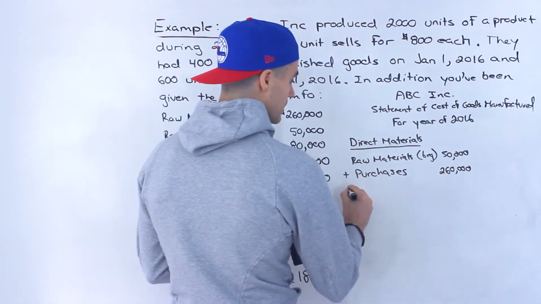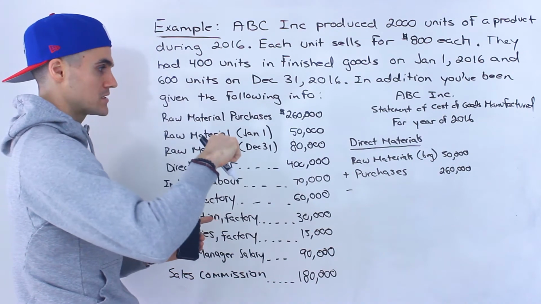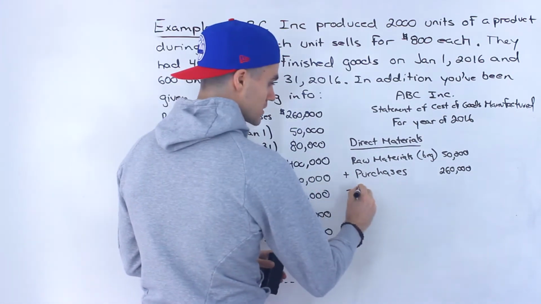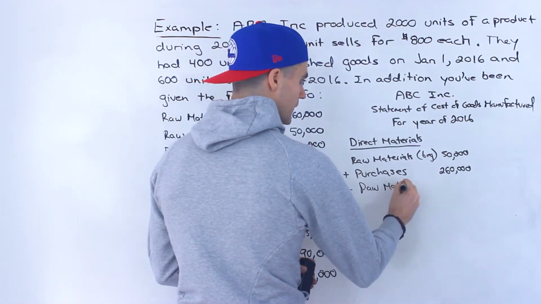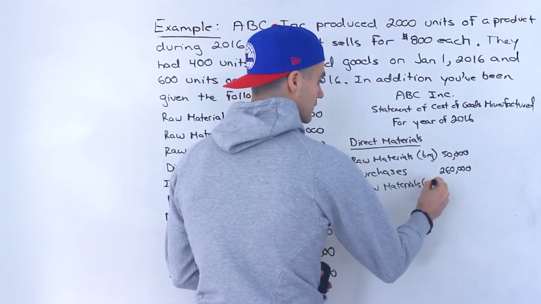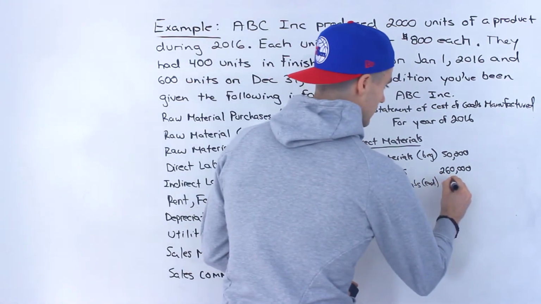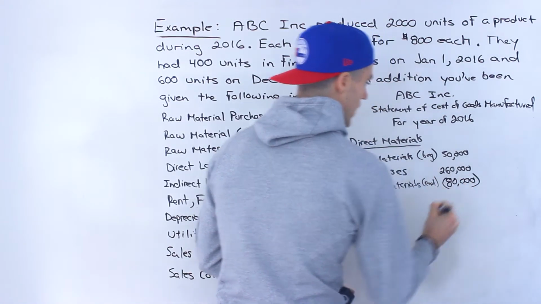So we have to bring over that ending raw material. We're going to subtract the raw materials at the end of the period, and that's going to be $80,000.